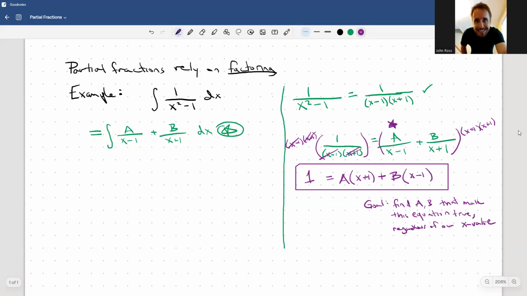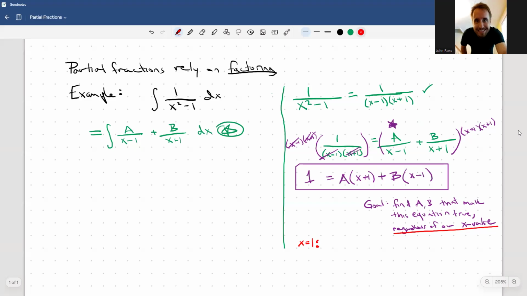So to do that, we are going to strategically substitute in and say that if this has to be true for every single x value, has to be true no matter what x value we choose, let's strategically substitute in some x values. And I'm going to say at x equals 1, that's a good value to sub in.